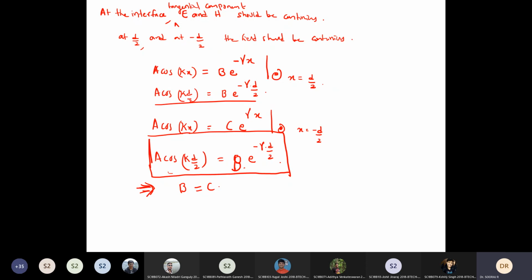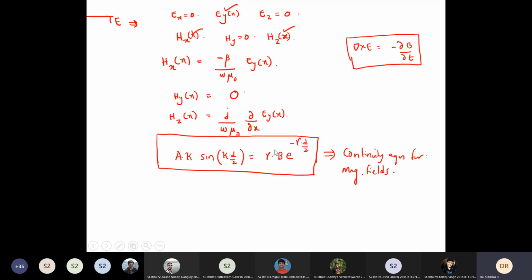Now similarly, you can do the same exercise for the magnetic field, and for the magnetic field you will have a continuity equation of this form: A kappa into sine kappa d by 2 is equal to gamma into B into exponential minus gamma into d by 2.